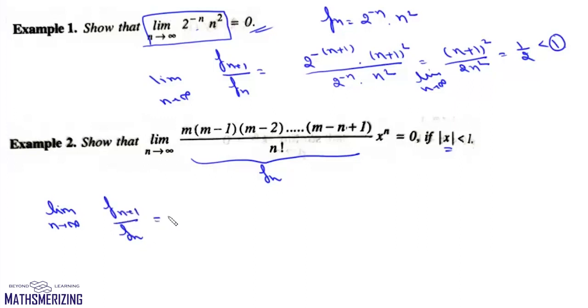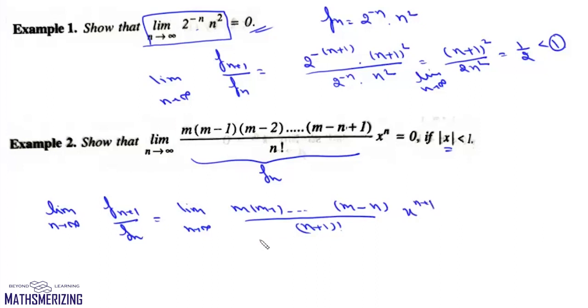upon f_n. Now f_{n+1} will be this limit n tends to infinity (m minus 1)... (m minus n) upon factorial (n plus 1) into x to the power of n plus 1, upon (m minus 1)... (m minus n plus 1) upon factorial n.